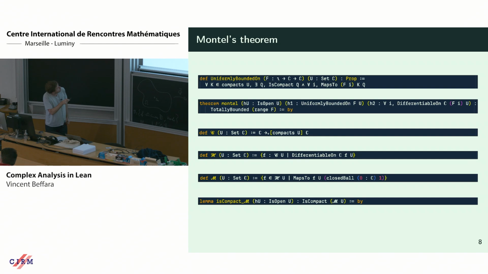And M of U is this that I called F here, except you don't want them to be into, so it's the holomorphic functions that map U inside the closed ball of center 0 and radius 1. Okay, and the main statement is that this set here is a compact set. So this is one version of the Arzela-Ascoli theorem. So once you have that, then you can extract converging subsequences.